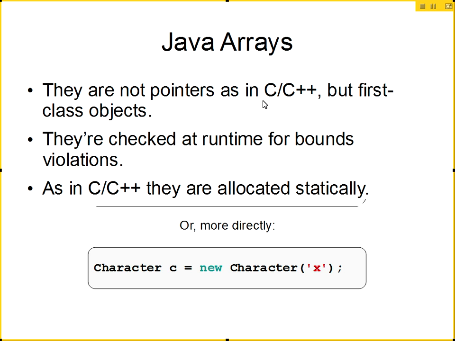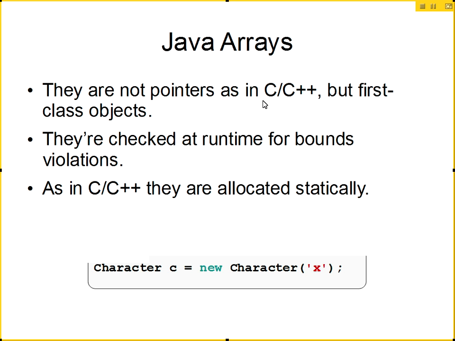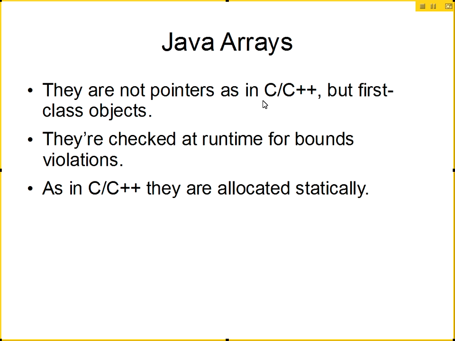C is perfectly happy to give you a value for it. In Java, you're going to get a runtime error. It's going to say, you went past the end of the array, stop doing that, go fix your code. Java will tell you when you have gone beyond the end of the array. An out-of-bounds exception is very common to run into. You should never have that happen at runtime because that means you've got a mistake in your code.